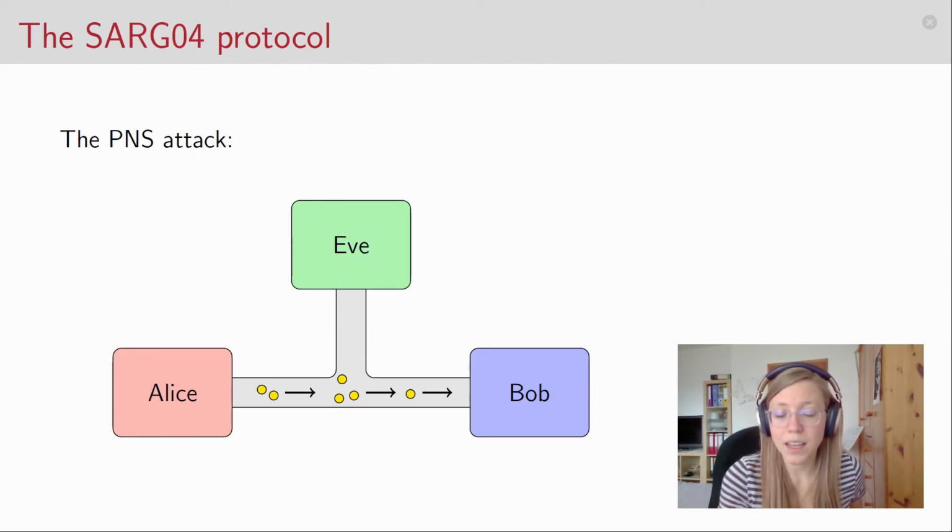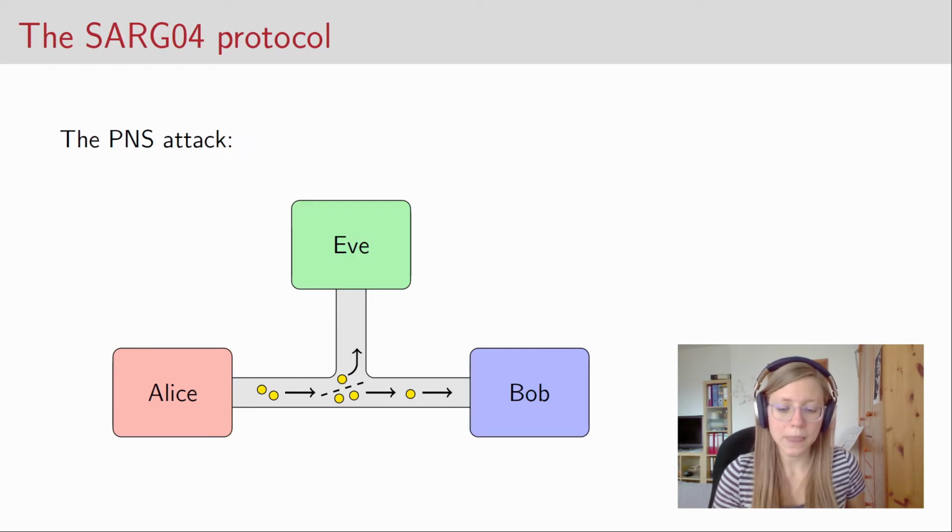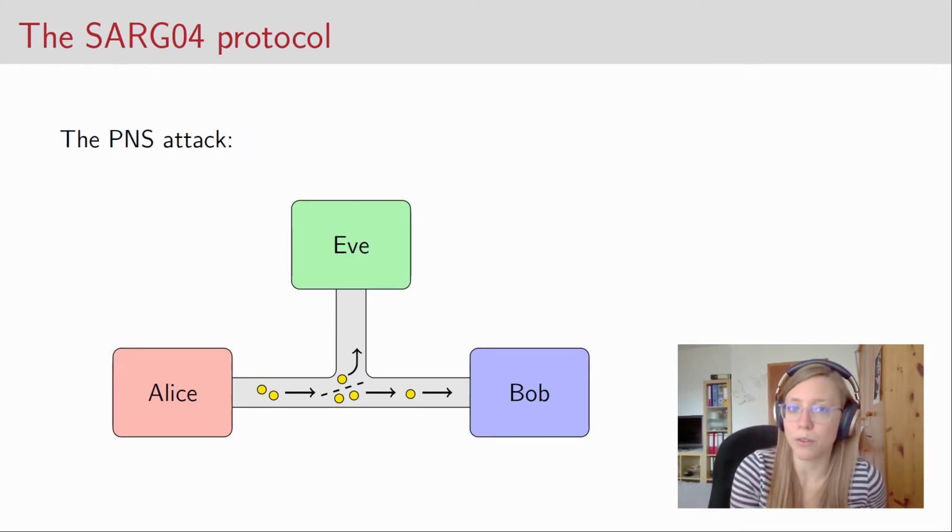So if there are, for example, 3 photons in one pulse, then Eve can simply take one of these photons and store it in the quantum memory. In that case, Bob still receives some of the photons, so he announces he has received photons, and at some point Alice will announce her basis. And they don't recognize that Eve has stolen away one of the photons.